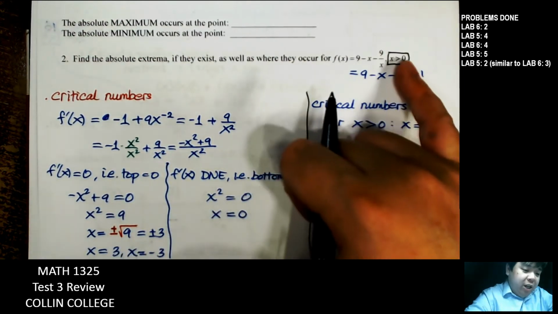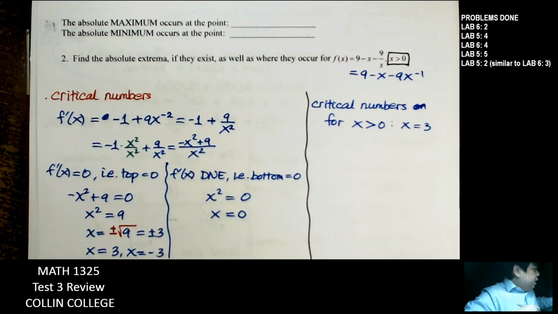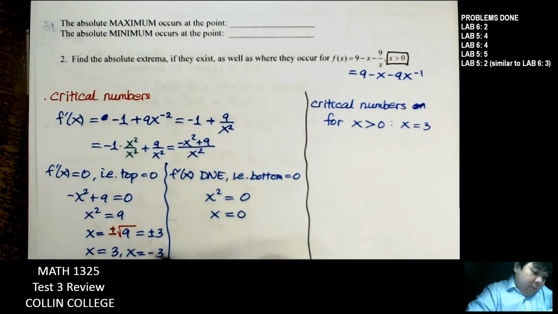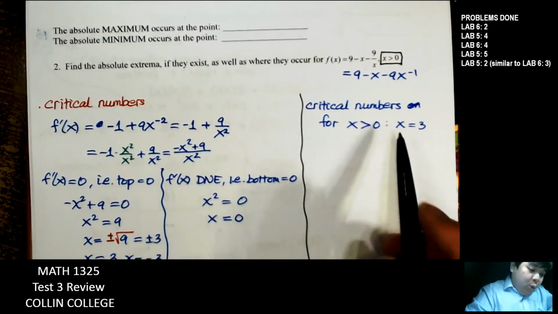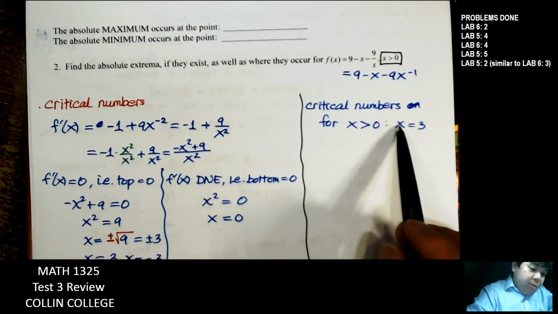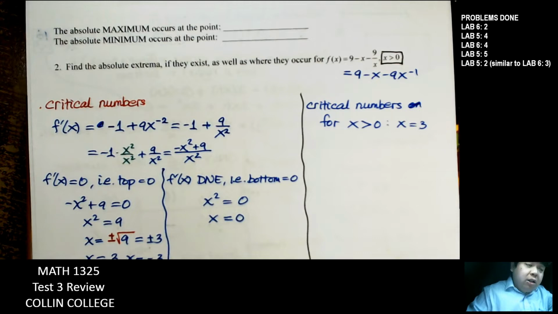Critical numbers for x greater than 0, as we have here, only one of them, x equal to 3. Good thing the negative 3 doesn't work in here, the 0 doesn't work in there. Right. You can see that lab 6 number 3 will be similar to this.